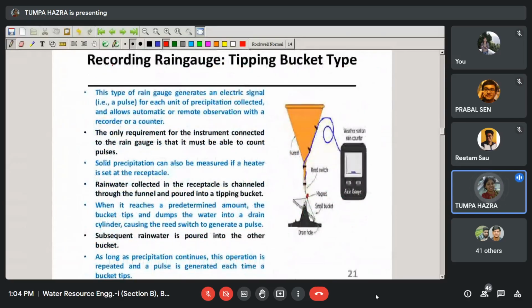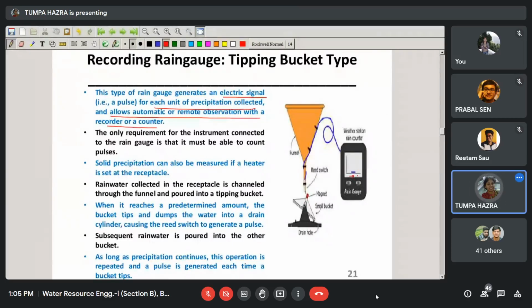Then the recording type rain gauge. In this type of rain gauge, an electric signal is generated for each unit of precipitation collected, and it allows automatic or remote observation with a recorder or counter.